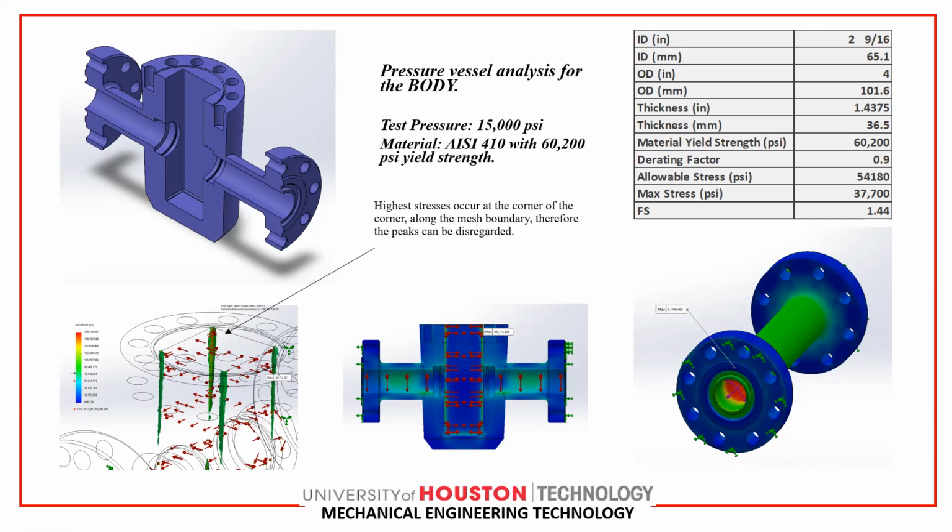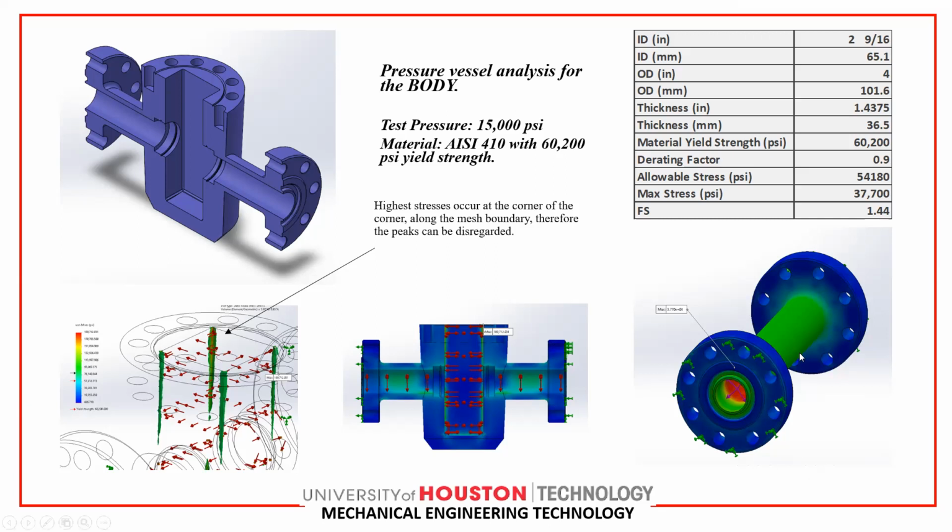The maximum stress, which is equal to 37,700 psi, is here in the red color. The red color, which is the internal pressure, is the place where the fluid is passing through the valve body. So the pressure on the valve body is the internal pressure.